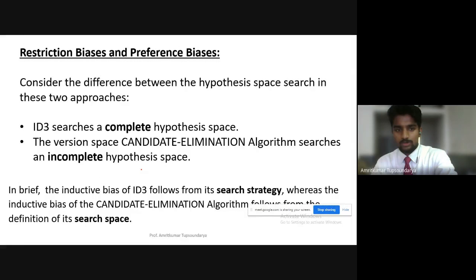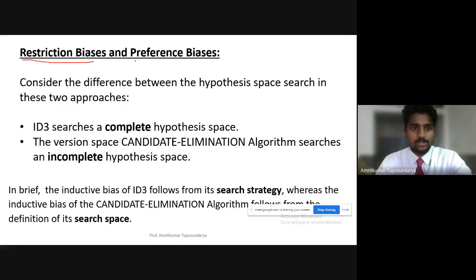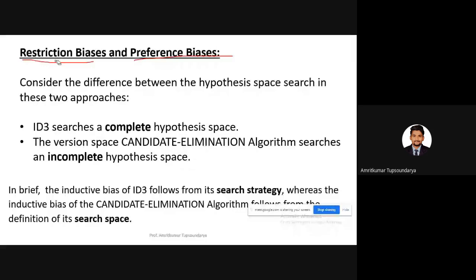Now, moving further ahead with inductive bias, as you can see, we have two basic types of inductive bias here: the restriction bias and the preference bias. As the name suggests, the restriction bias puts some kind of restrictions on the inductive bias, and the preference bias is the inductive bias with some kind of preferences. Now, what are those? We will go into depth.